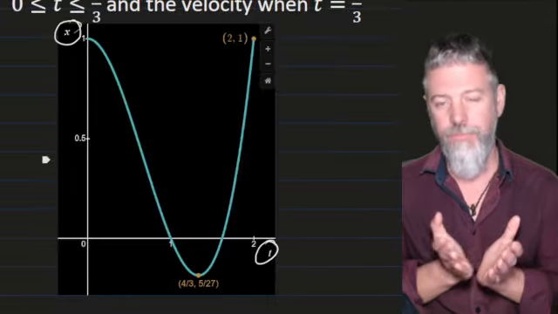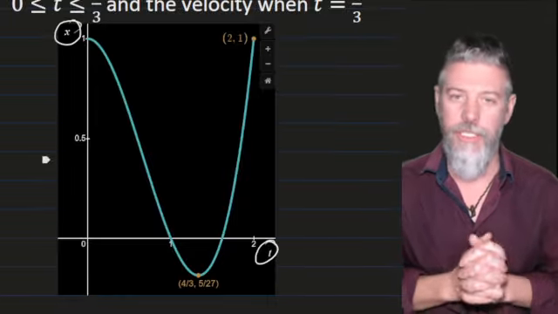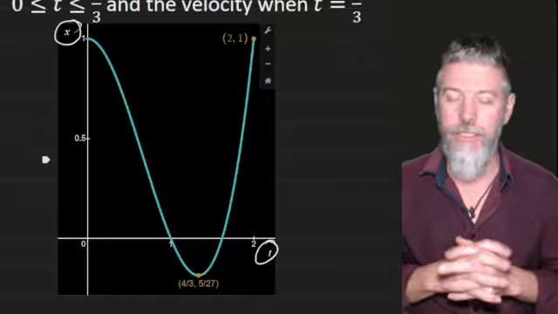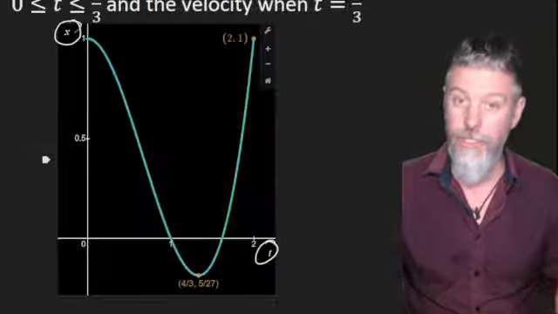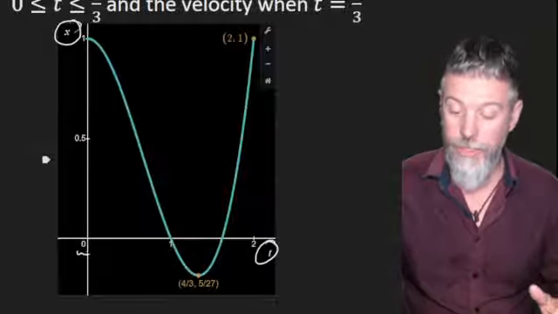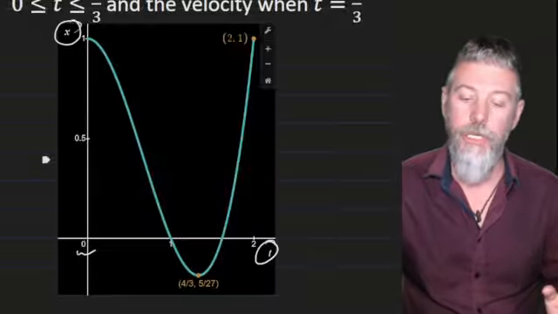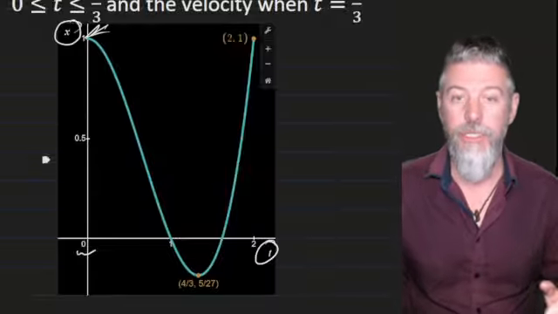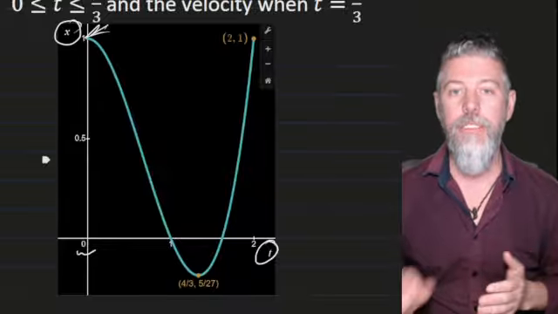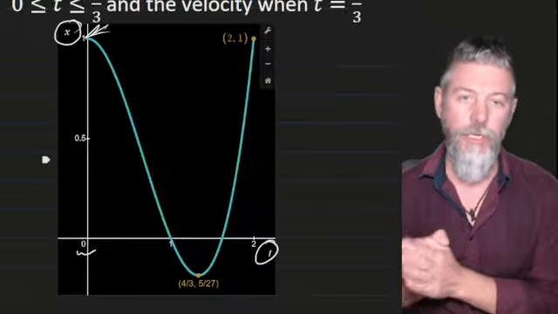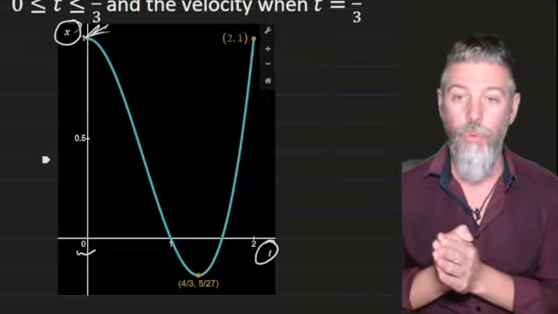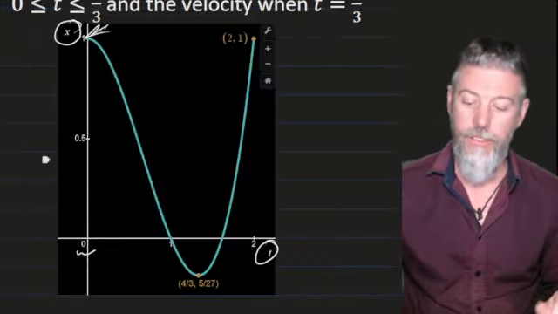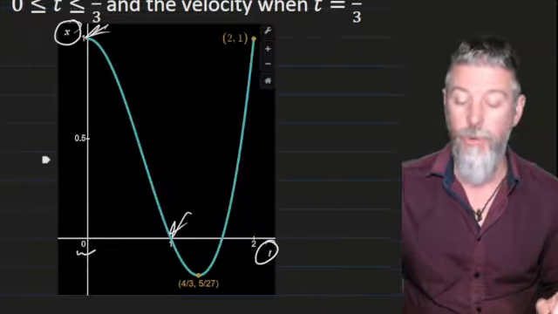Okay. With this x of t, we can see that the particle has started off originally when t equals 0, that's when initial conditions occur, at a position of 1. So that means it started 1 unit to the right of the origin. It's then moving towards the origin, and it gets to the origin at this point.